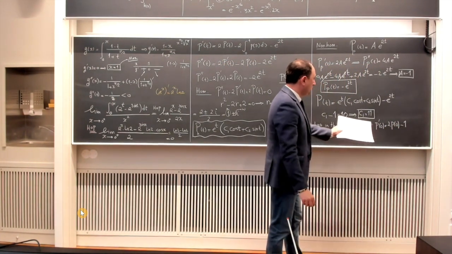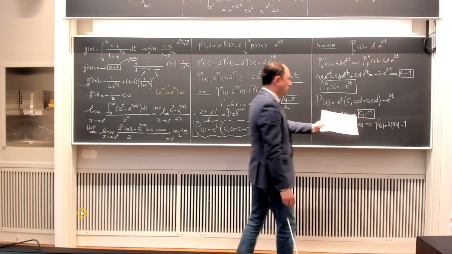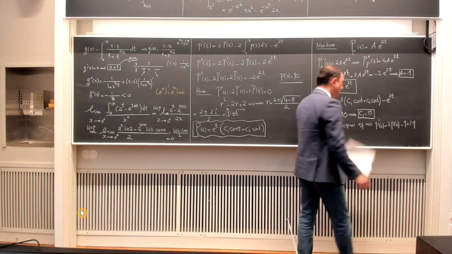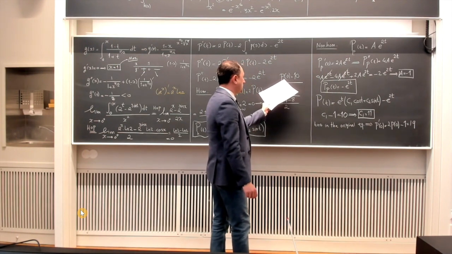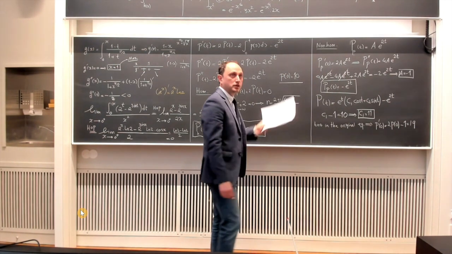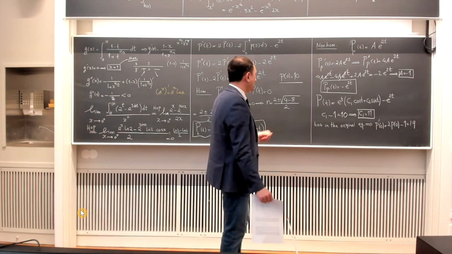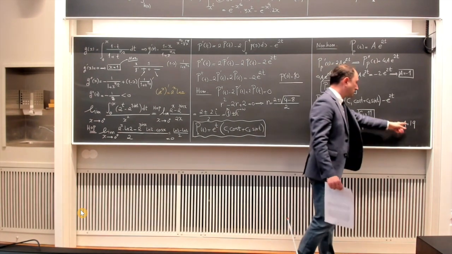And now you see, p of 0 is also given in the problem to be 10. So when I put it here, it becomes 19. So p prime of 0, even though it was not directly given to me in the problem, I was able to get it from the original equation itself. Yes? And now I have two pieces of information. One piece of information was this one, and the other piece of information I found myself.